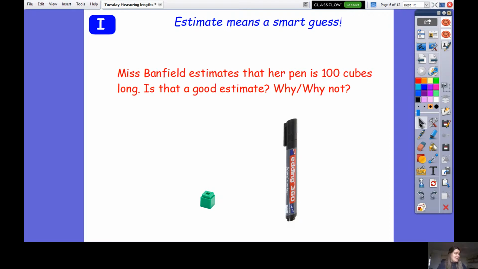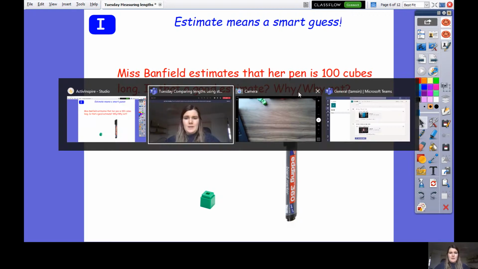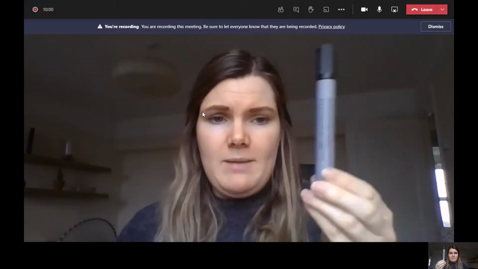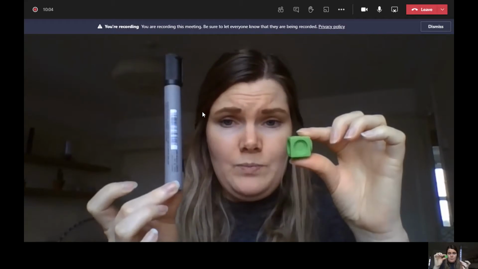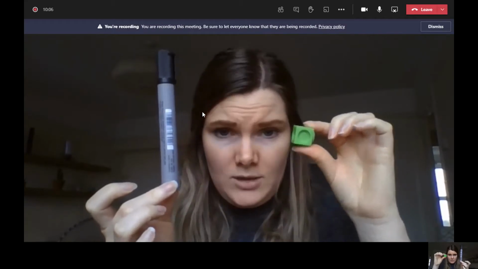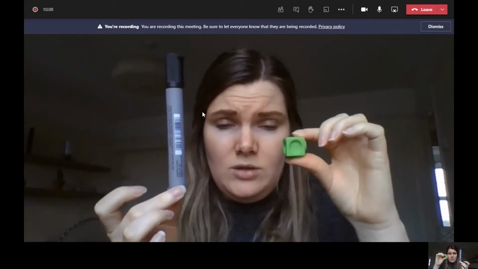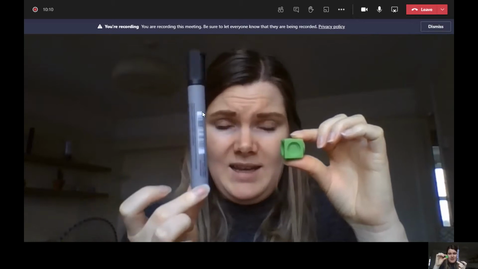Well, 100 cubes is a big guess, isn't it? Let's have a little look. Here is Miss Bamford's pen. And here is just one cube. Now, if I had 100 of these, do you think that would be a good estimate for the length of this?